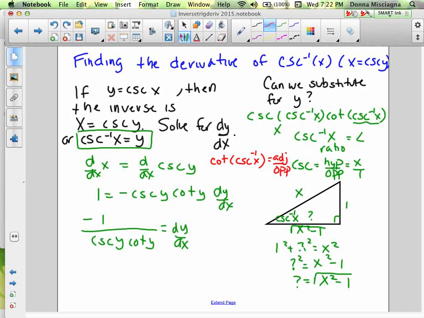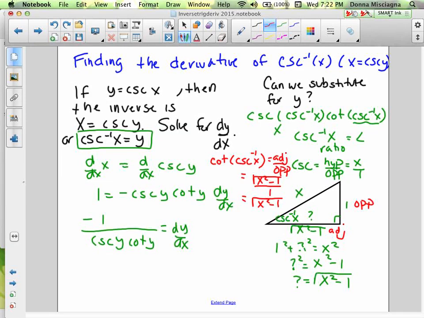Right, so adjacent, right there, is the square root of x squared minus 1, and opposite, right there, is 1. So that would be equal to the square root of x squared minus 1 over 1. But do you really need the over 1? Of course not. So the square root of x squared minus 1.